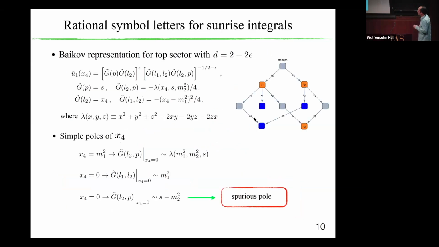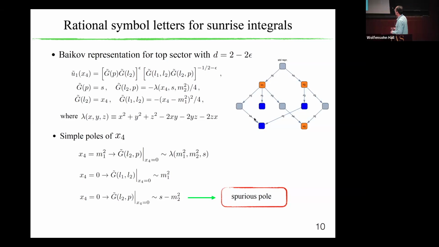Okay, now we still take the sunrise integral as an example. At the top topology, we have the Baikov representations of U1 and U2. Now for U1, after the maximal cut, we have four Gram determinants. Now the thing is, the powers of these two are half-integer. We just set epsilon to 0.